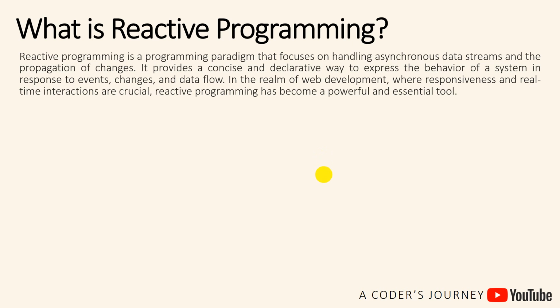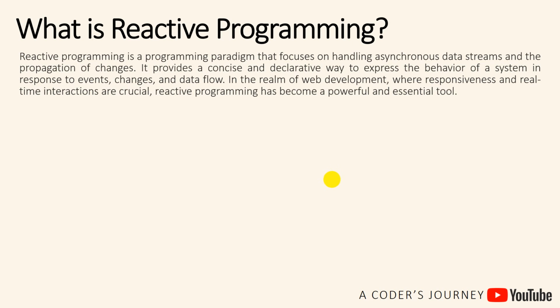Now, reactive programming provides us with a concise and declarative way to express the behavior of a system in response to these events, changes, and data flow. As I told you, reactive programming is all about having a reactive system, a responsive system, a system that responds to events, changes, or data flow.